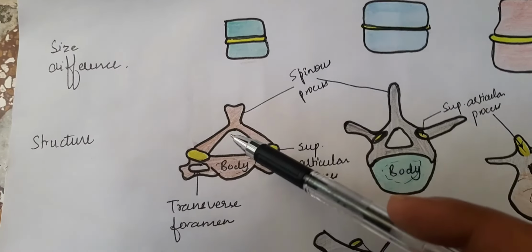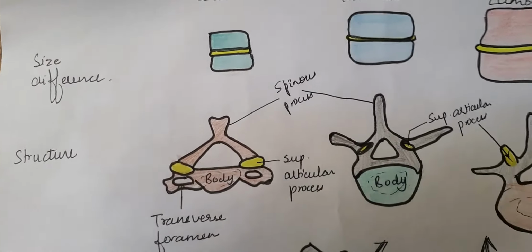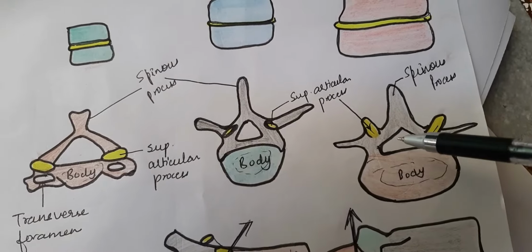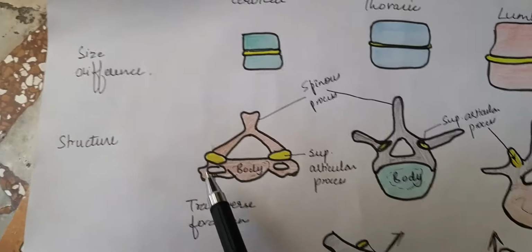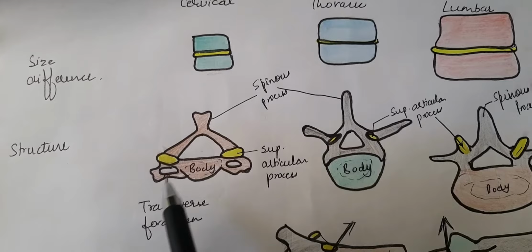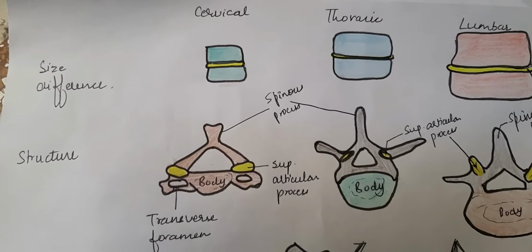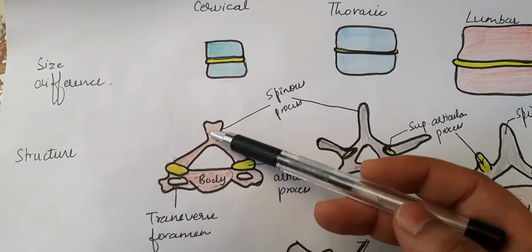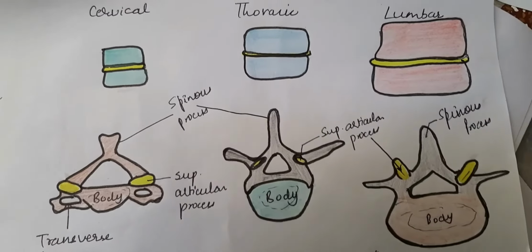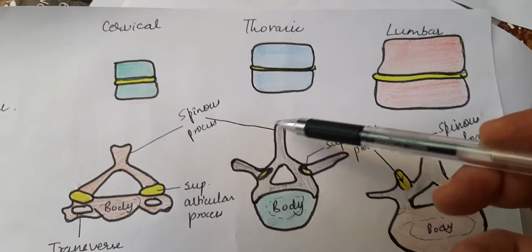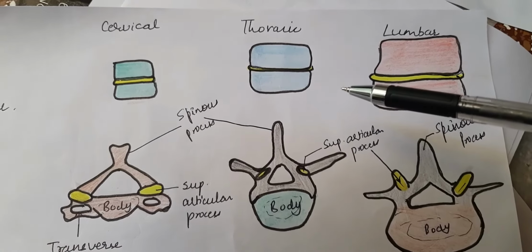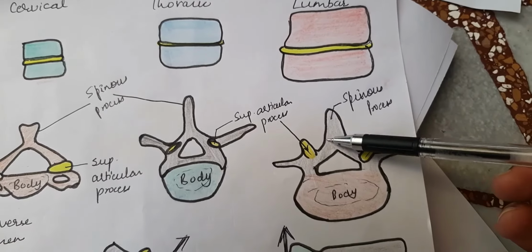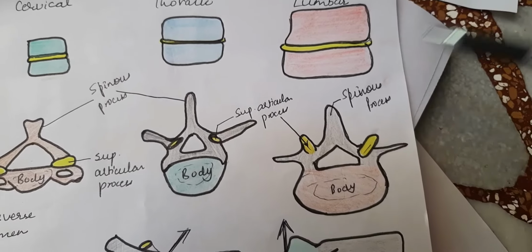Coming to the foramen, in the cervical it is large and triangular, in the thoracic the foramen is smallest, and in the lumbar it is intermediate. The size increases from cervical to lumbar. Coming to the spinous process, in the cervical it is short and bifid, in the thoracic it is long and points inferiorly, and in the lumbar it is very thick and pointed posteriorly.